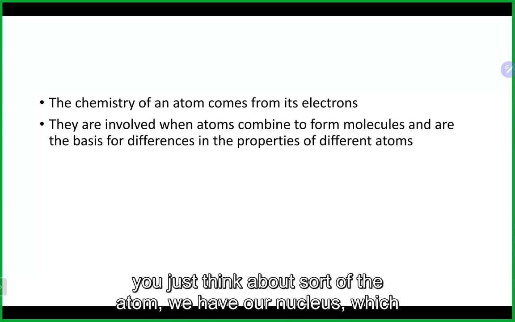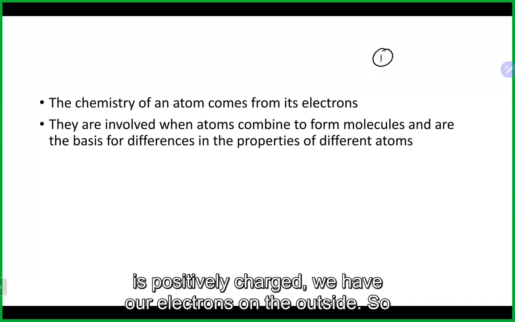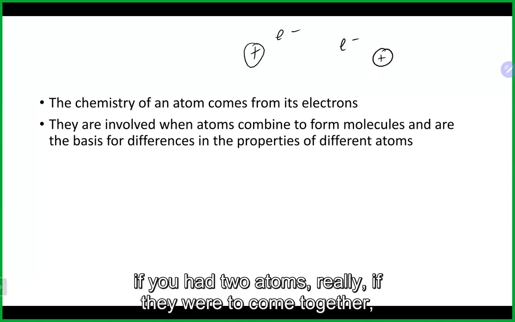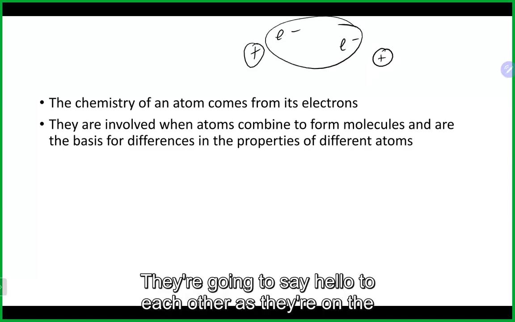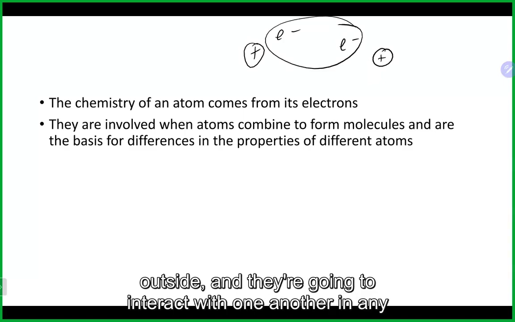If you just think about the atom, we have our nucleus, which is positively charged, and our electrons on the outside. So if two atoms were to come together, the electrons are going to be the first ones to say hello to each other, as they're on the outside, and they're going to interact with one another.